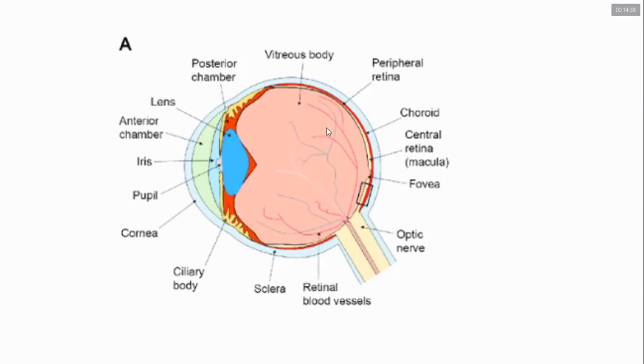You will only be able to see a certain portion of the retina. So that is called the ocular fundus.